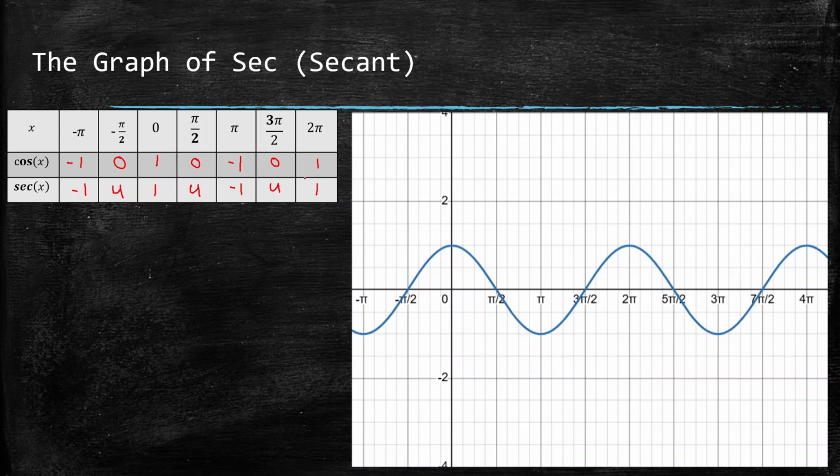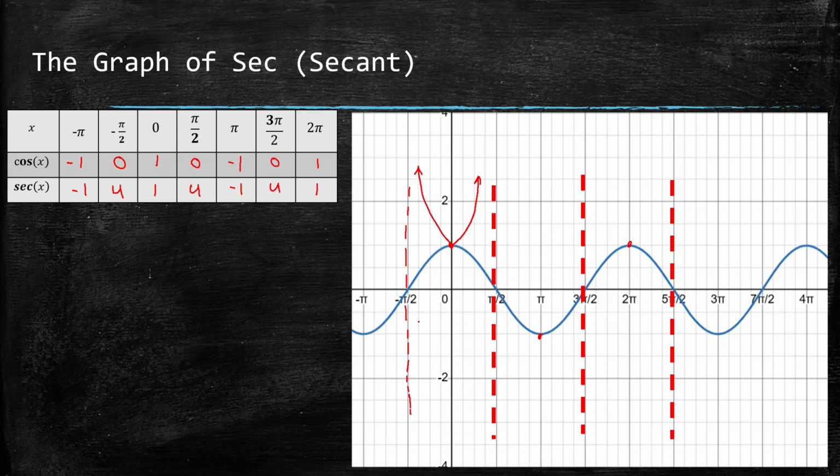So putting my asymptotes in here, my asymptotes are where I'm undefined. So I should also have one right here at -1/2 pi. And then my max values are the points where I meet right here. And from here I could graph up towards my asymptote like this.